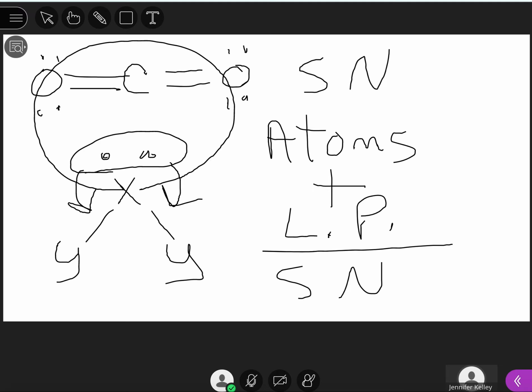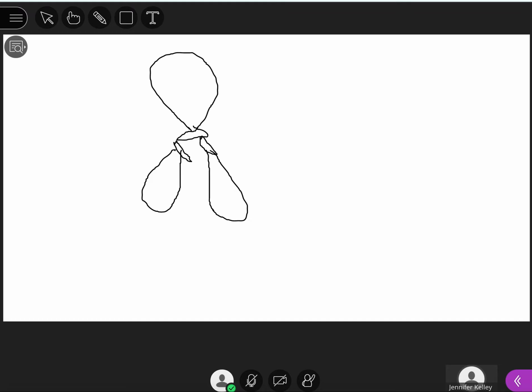One way that you can get a good idea of the shape of these in space, and you may have already done this in lab, is to take balloons and hold them together at the place where you tied a knot. So basically, in this case, you would have a balloon here, right? And then you would have another balloon here, and then another balloon here.